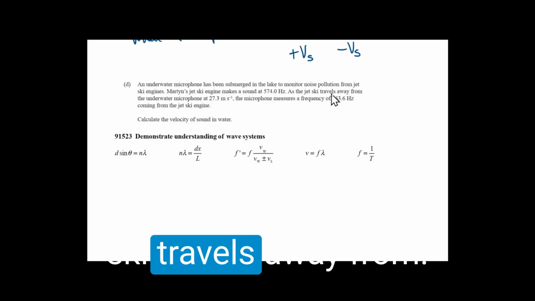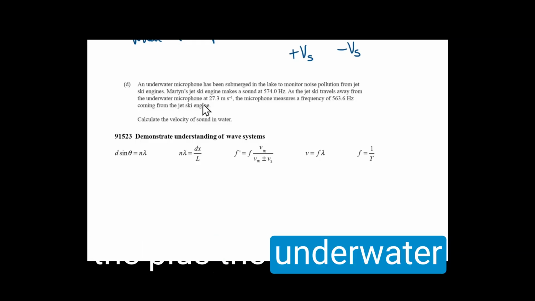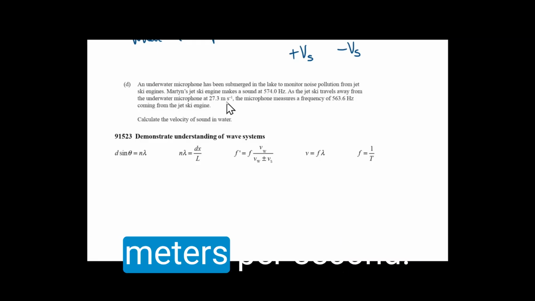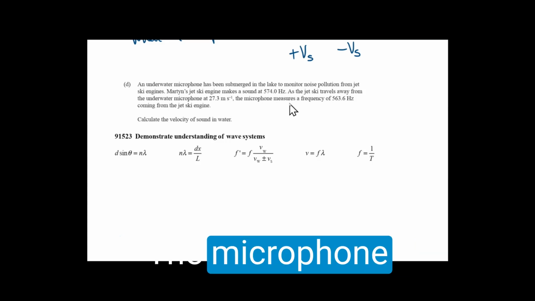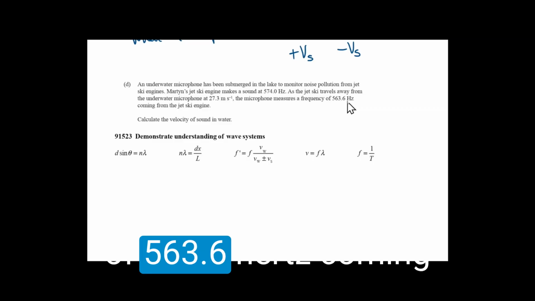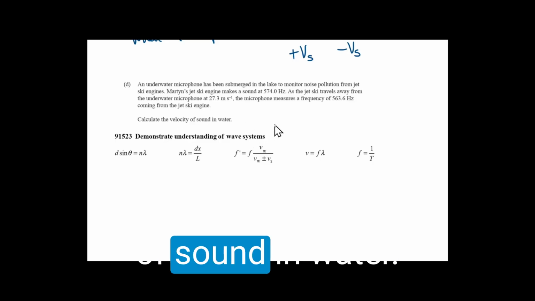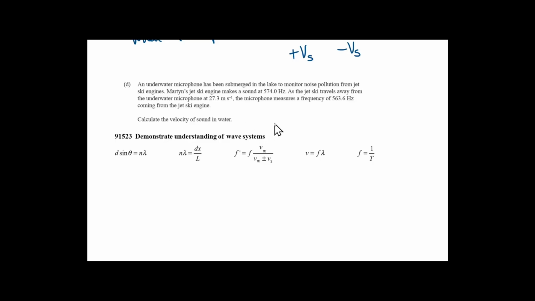As the jet ski travels away from, okay, so it's away from, so we're going to need to use the plus. The underwater microphone at 27.3 meters per second. The microphone measures a frequency of 563.6 hertz coming from the jet ski engine. Calculate the velocity of sound in water.